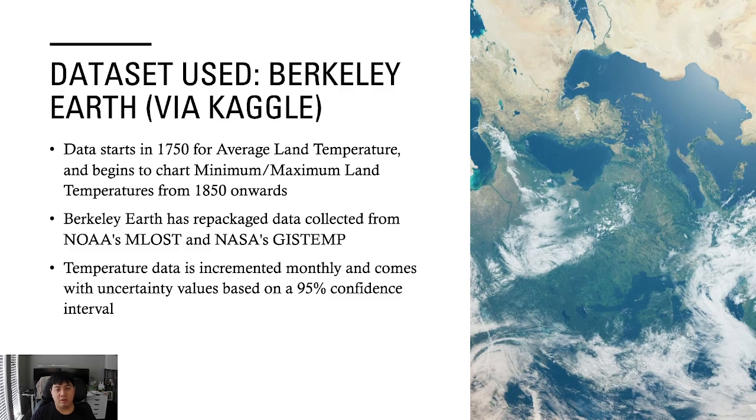And the uncertainty values are extremely small, usually just a few tenths of a degree Celsius, which means that this data set is considered scientifically reliable for a long term climate analysis.